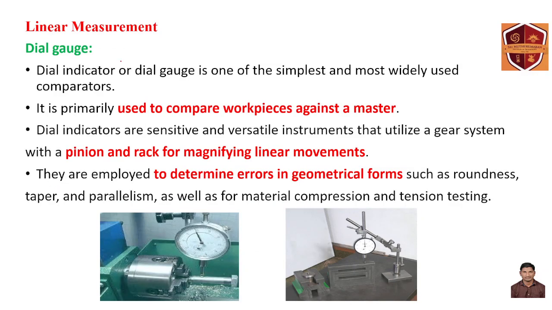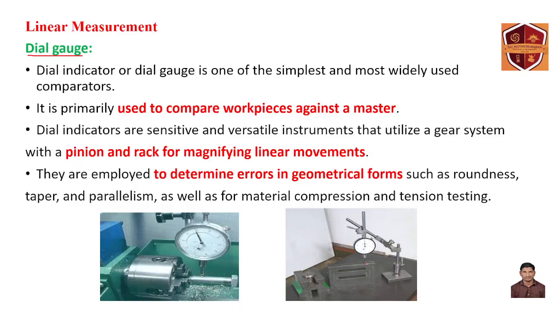First one, linear measurements. The first topic is dial gauge. See, this is the dial gauge. By using this dial gauge, you can easily find out the error in tools, and also you can easily find out the flat surface of the workpiece.